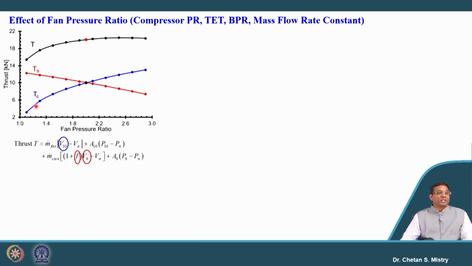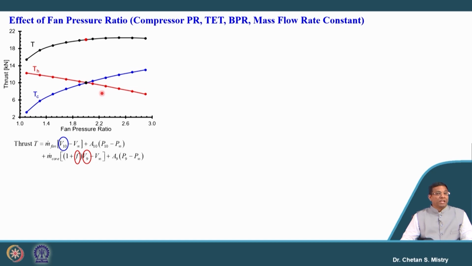And that is the reason why my cold thrust will be increasing with the fan pressure ratio. At the same time, the hot thrust will be decreasing with the increase of fan pressure ratio, because it is getting affected by my V9 and fuel air ratio.